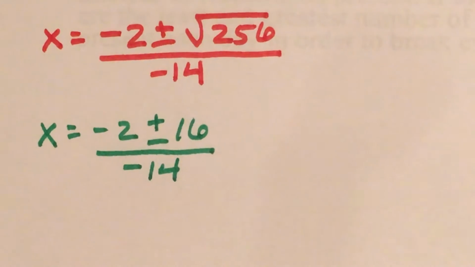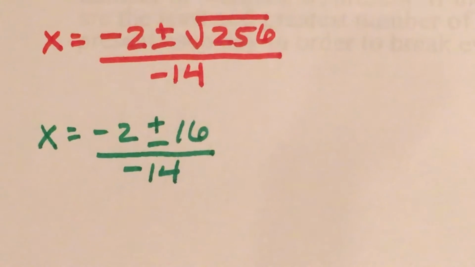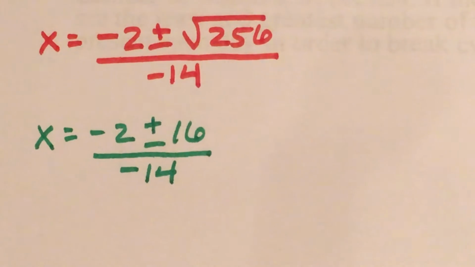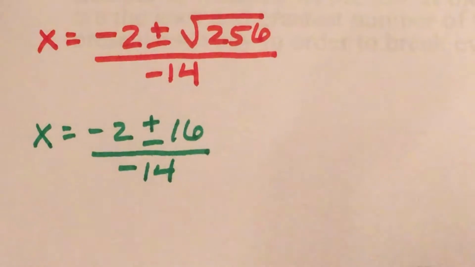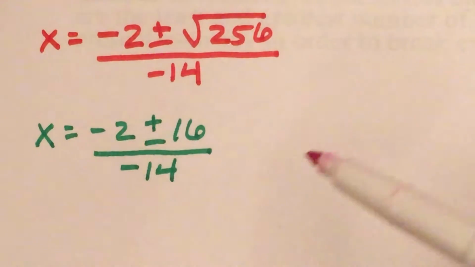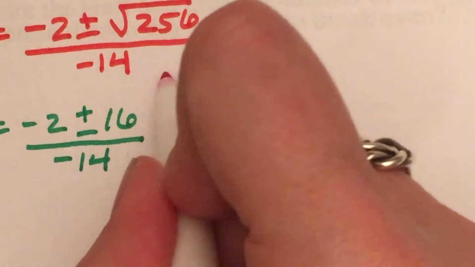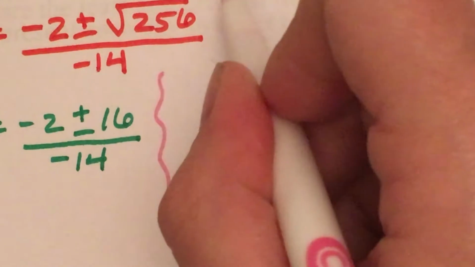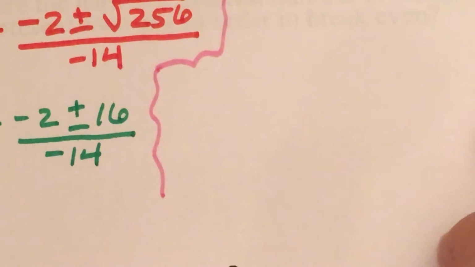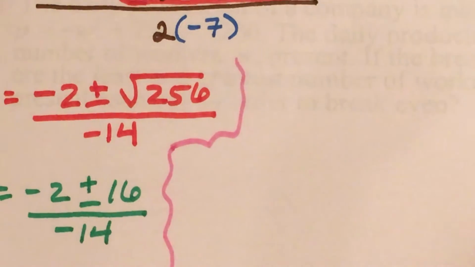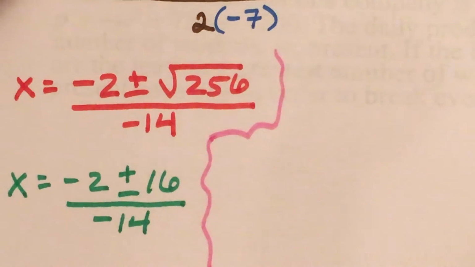Now, here is another moment when your calculator is really a great friend to have around. So we have this plus and the minus. And it's just nice to have it so that if we're not feeling confident in our positives and negatives, it'll be okay.